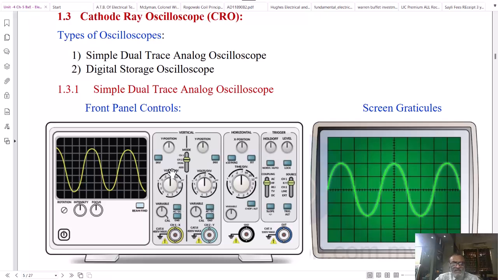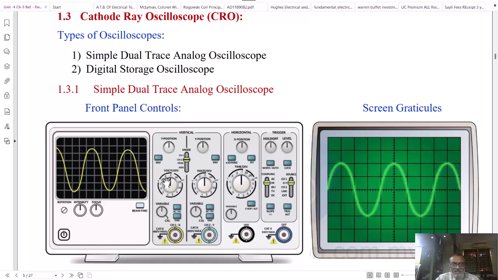Now this signal is connected to an internal attenuator circuit which provides us the various ranges of measurement. Here there is a volts per division knob.